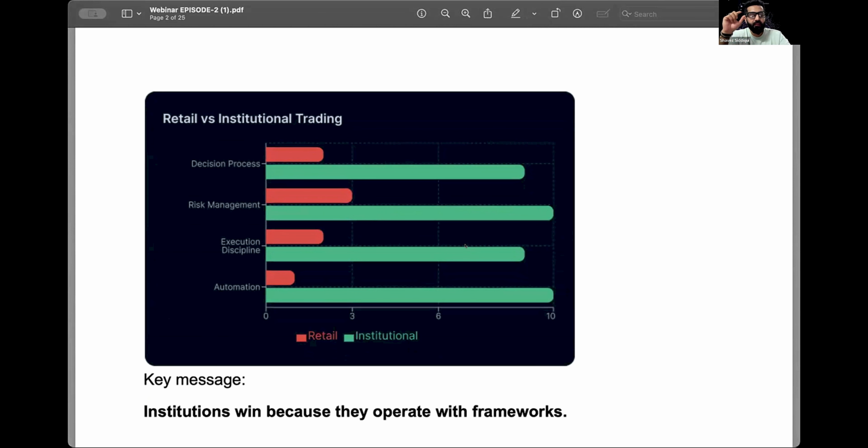It is very clear and evident after understanding the story of trader A and trader B that there is a very clear difference between retail and institutional traders in the decision process of whether to take the trade or not.